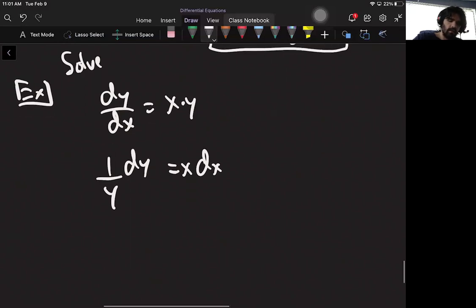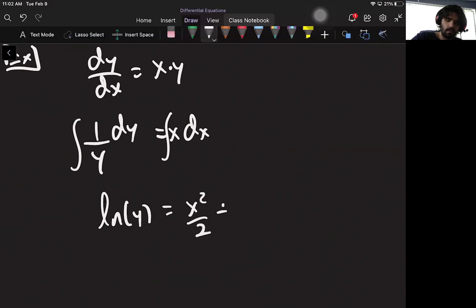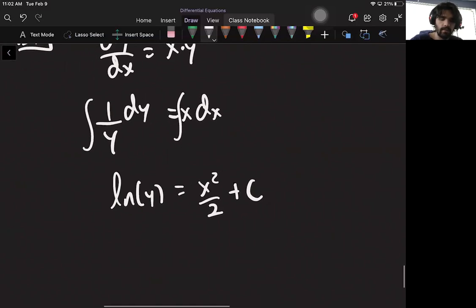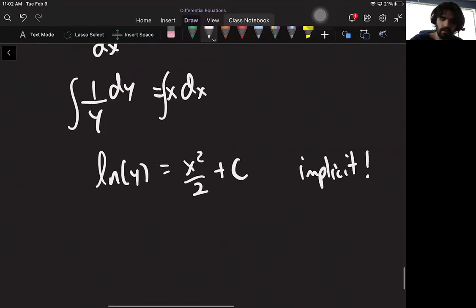Now when I integrate, I have to remember yet another integral, the integral of 1 over y dy, that's ln of y. Got to remember that. So this is the one parameter family. It's implicit, but I can actually change this one to explicit if I remember how to get rid of that log. I have to use exponentials.